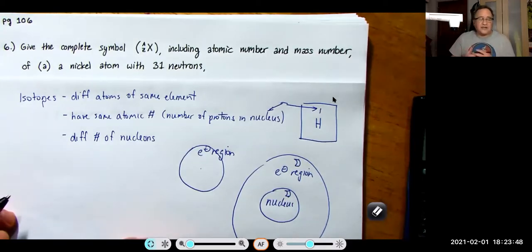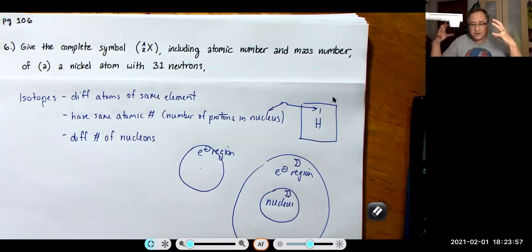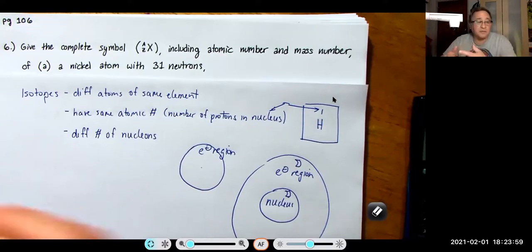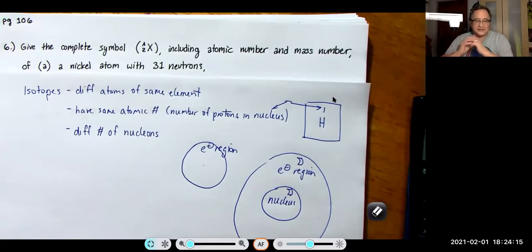To give you another idea of how big the electron region is compared to where you find the nucleus, if you imagine the electron region, where you can find the electrons, the size of a professional football stadium or baseball stadium or something like that, hockey rink, the nucleus is the size of a pea. So there's a 10,000 times difference in the diameter of the nucleus versus the region where you find the electrons.